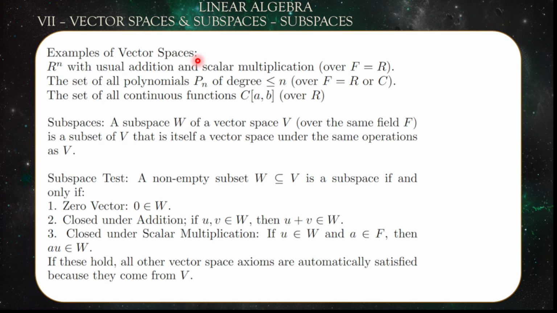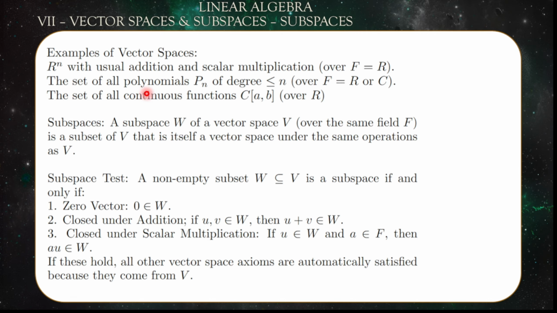Examples of vector spaces. R to the power of n with usual addition and scalar multiplication over F equal R. The set of all polynomials P_n of degree less than or equal to n over F equal R or C. The set of all continuous functions C[a,b] over R. Okay, so you have R to the power of n with usual addition and scalar multiplication over F, with F equal to R. So when you raise the power of R, you're still within a vector space.